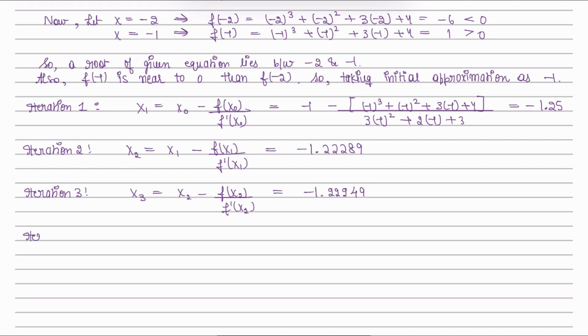For the next iteration, x4 becomes minus 1.22248. From the third and fourth iteration, it is clear that there is no change in successive approximations to the root up to first 4 decimal places.